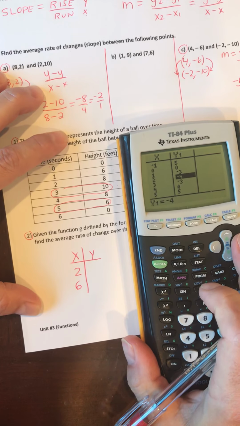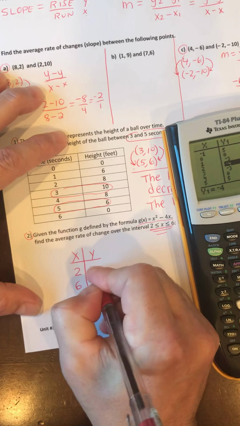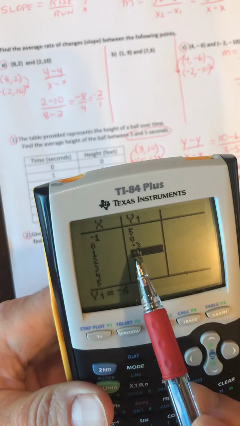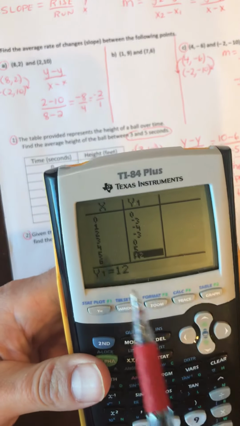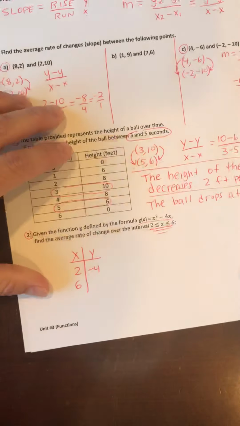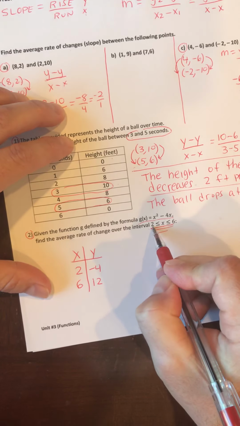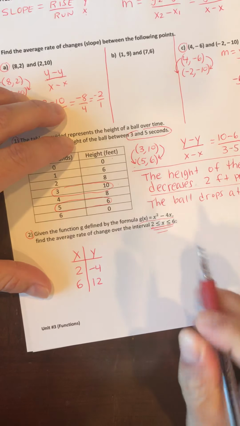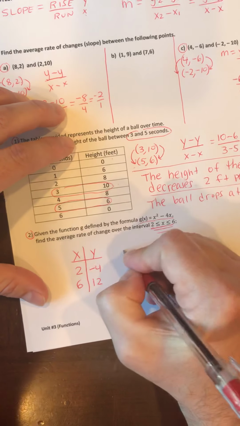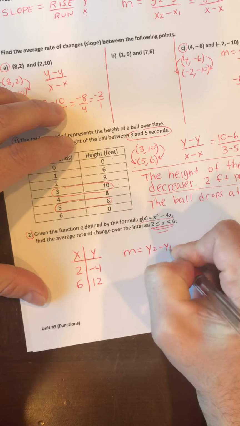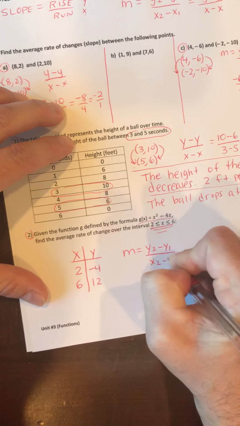At 2, my y is -4. All right, you see that? And at 6, my y is 12. You only do the endpoints. The endpoints are 2 and 6. That's where I'm going from. All right, your slope is y2 minus y1 over x2 minus x1.